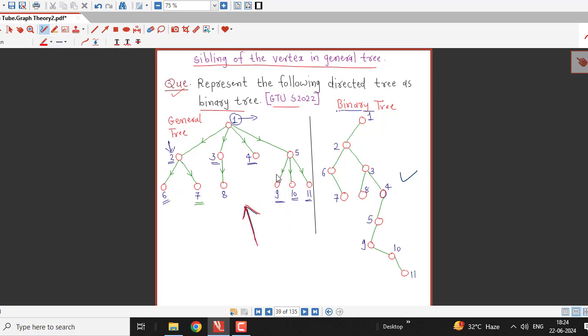You can represent your general tree as a binary tree simply by considering these two formulas, that left child of a vertex in a binary tree is leftmost child of a vertex in general tree, and right child of a vertex in binary tree is right sibling of a vertex in general tree.